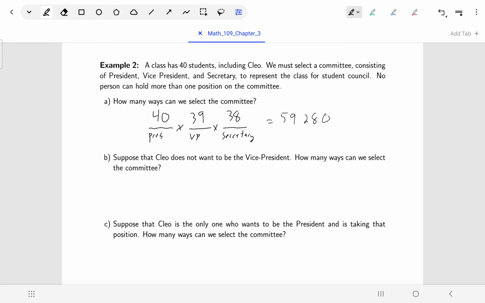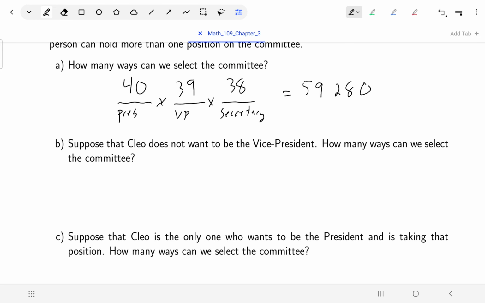Okay, one other thing just to get ourselves thinking about this, when we're thinking about the tasks or the activities, I said we could do things in whatever order we'd like. Some orders might be easier. So in the case of restrictions, for this one, Cleo does not want to be the vice president. Since the restriction is on being the vice president, it might make sense to deal with the vice president part first.